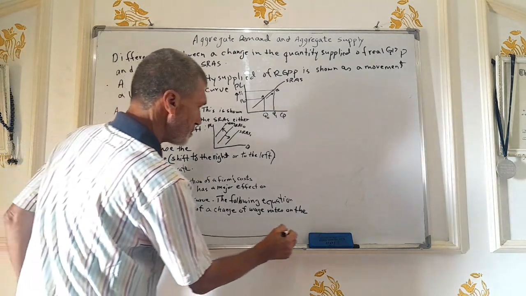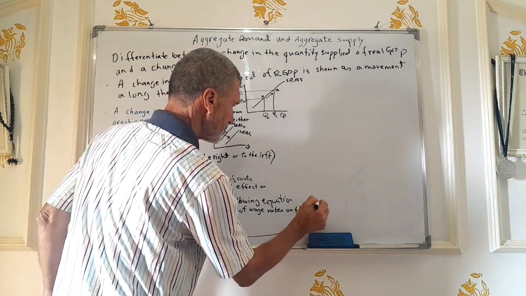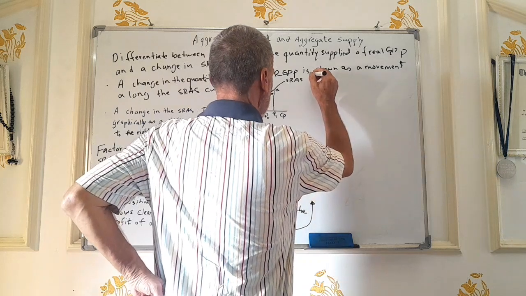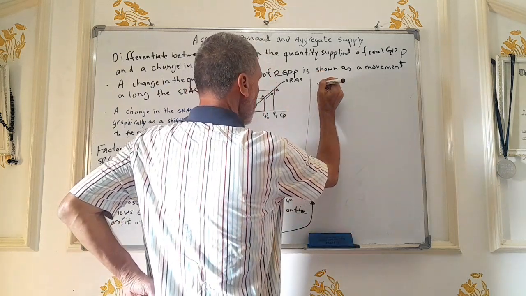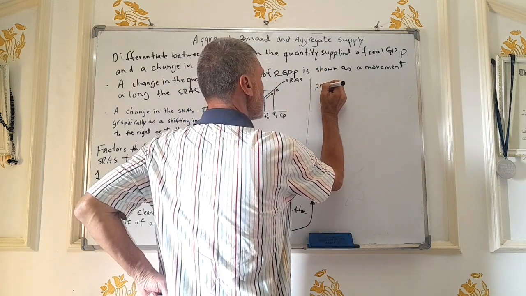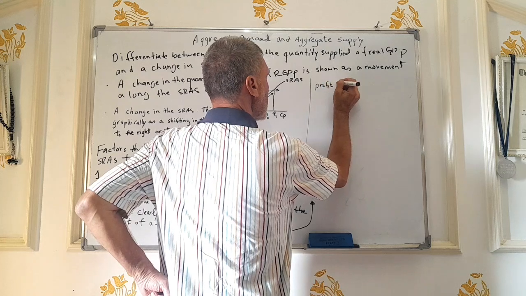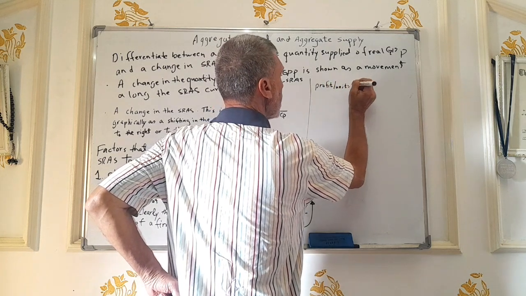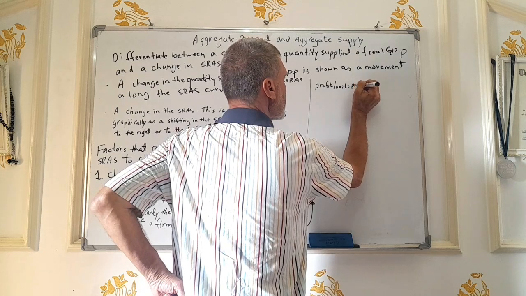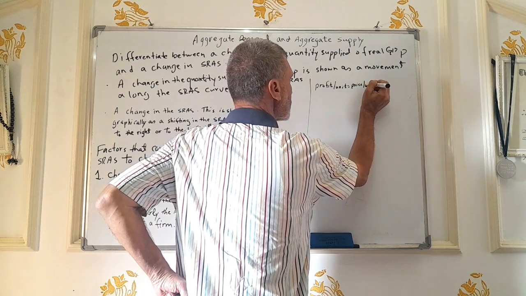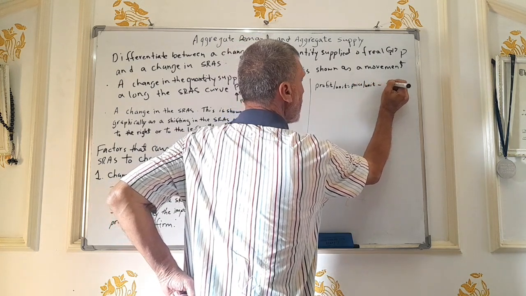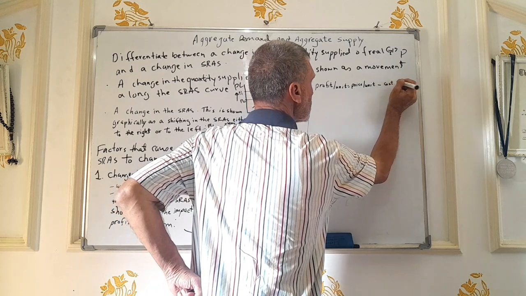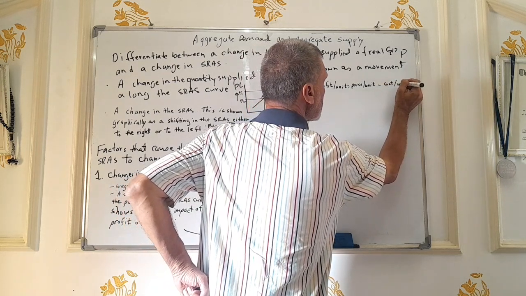Look over here. You know, profit per unit is equal to price per unit minus cost per unit.